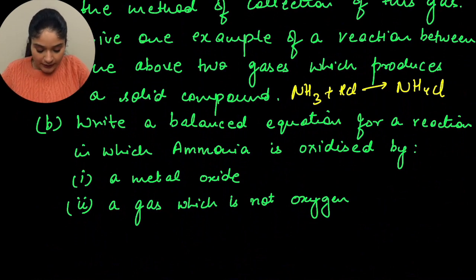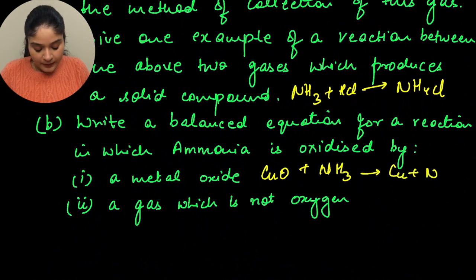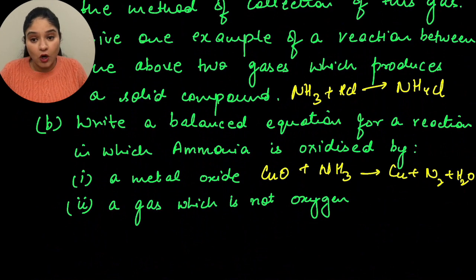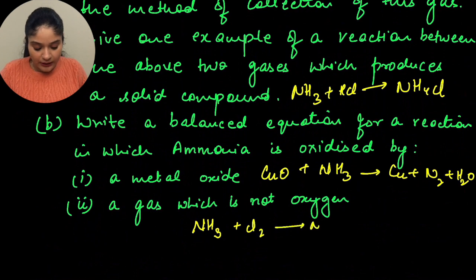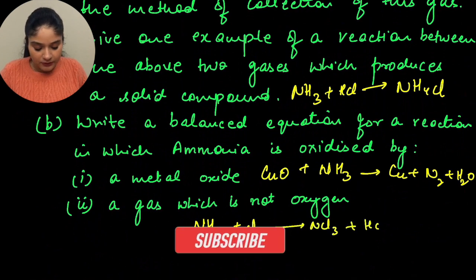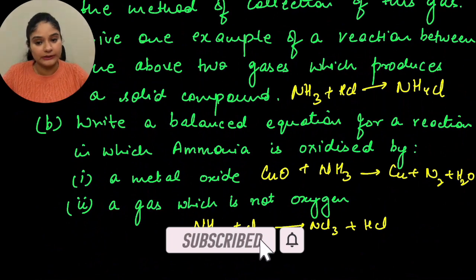For copper oxide, let's start with that. CuO plus NH3 will give you Cu plus N2 plus H2O. And for a gas which is not oxygen, I'm going to use chlorine. So NH3, that's your ammonia, plus Cl2 will give you NCl3 plus HCl. So that's the answer for the second one.